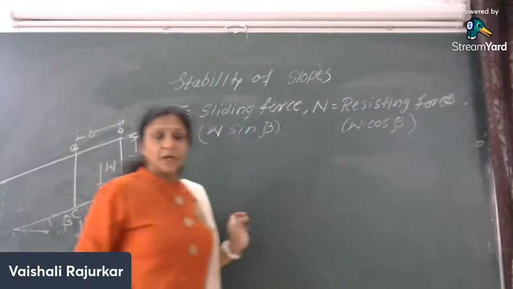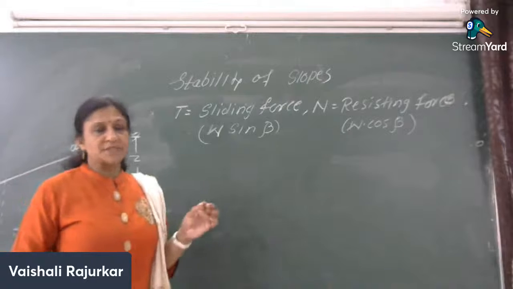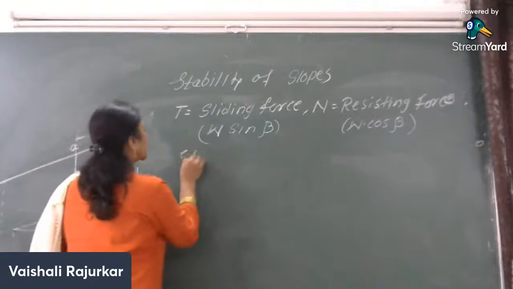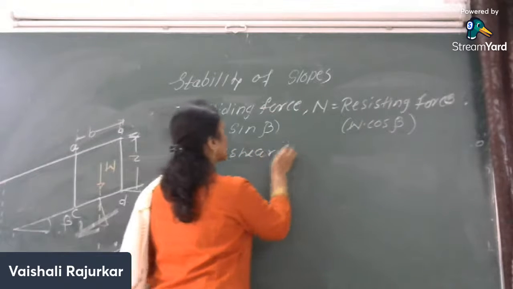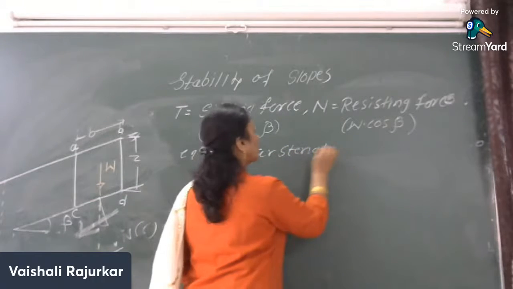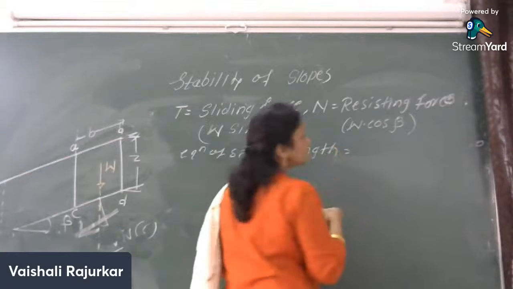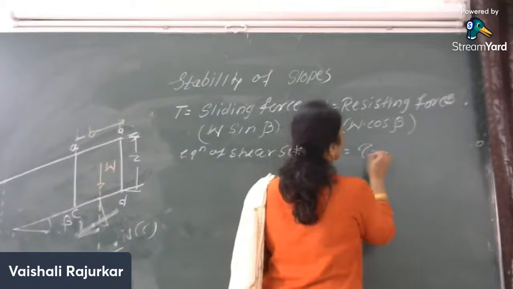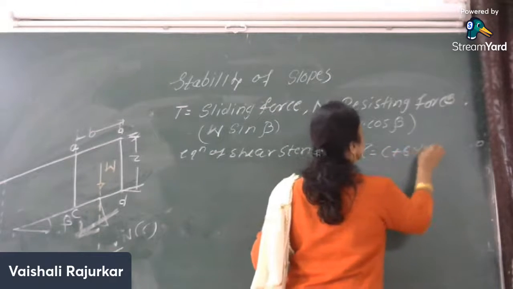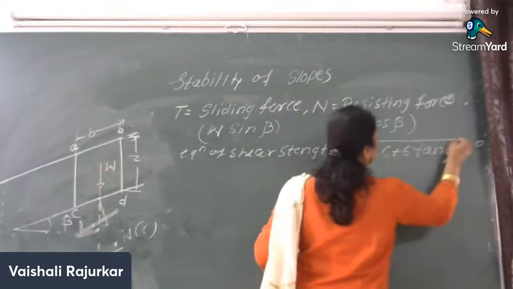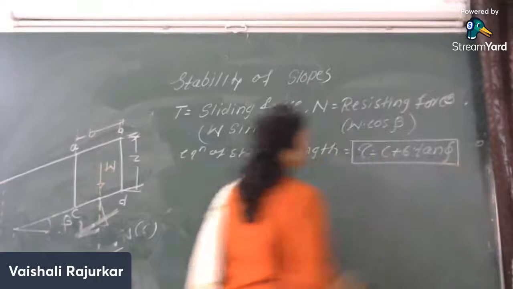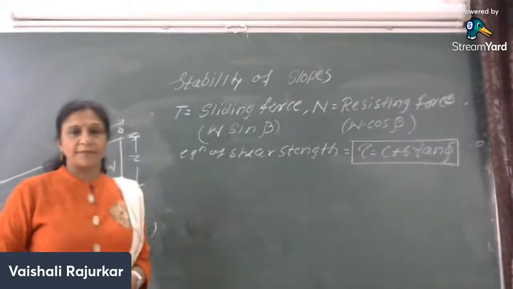Now tell me, what is the equation of shear strength? Tau is equal to C plus sigma tan phi.